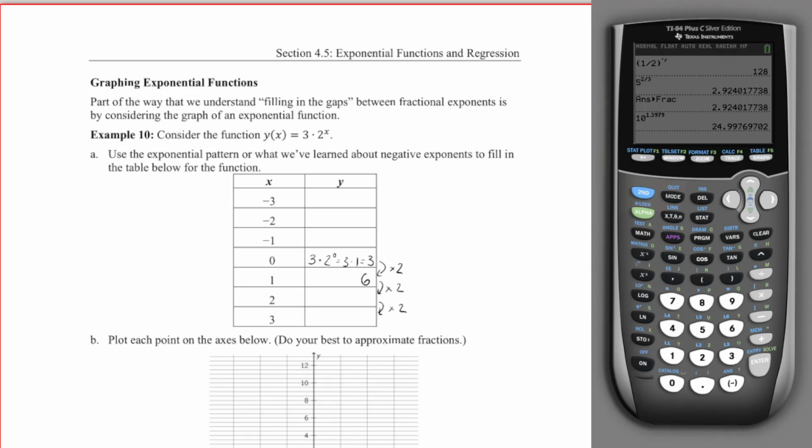3 times 2 is 6. 6 times 2 is 12. 12 times 2 is 24. And then every time I go up a row, I have to do the opposite. I'm going to divide by 2.